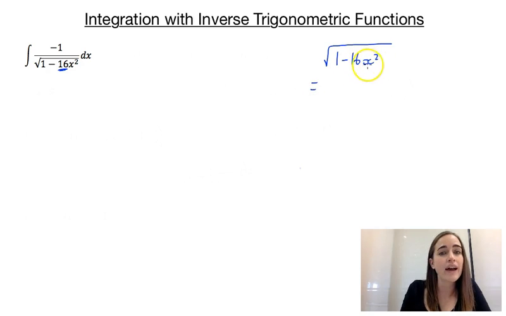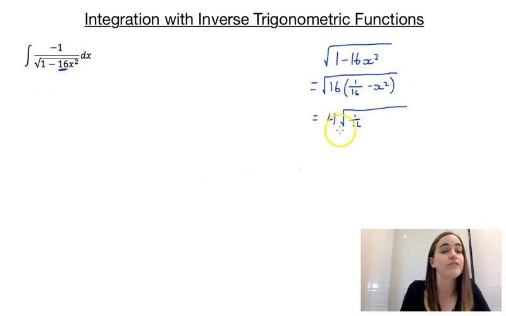So if we want that x squared to have a coefficient of 1, I'm going to pull 16 out. So I'm going to factorize out 16, which would mean that this 1 will become a 1 over 16. And then I'll have my minus x squared that I was looking for. Now that's 16, we know that the square root of 16 is just 4. So that whole denominator can become 4 root 1 over 16 minus x squared.